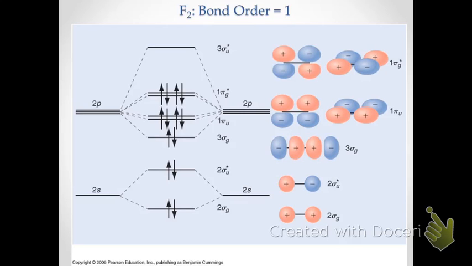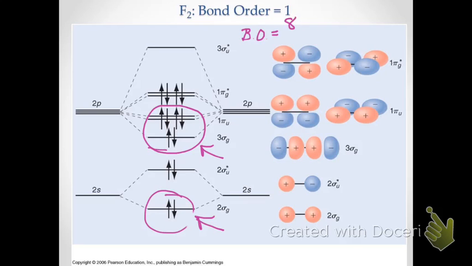Now let's compute the bond order of fluorine based on this particular diagram. We can look at the number of bonding electrons. We have 2 bonding electrons in the 2 sigma, and we have 6 bonding electrons in the 3 sigma and the 1 pi, so that's a total of 8 bonding electrons.